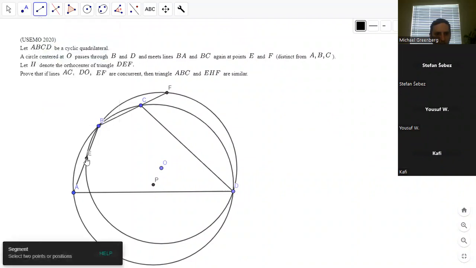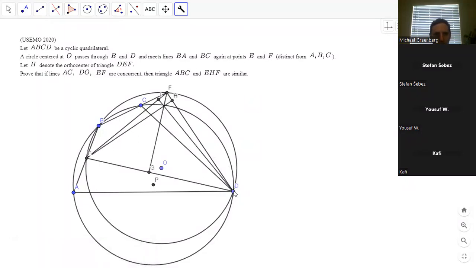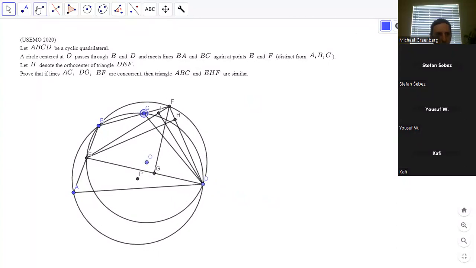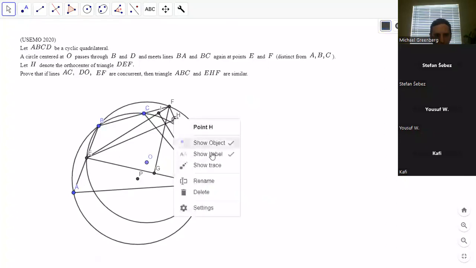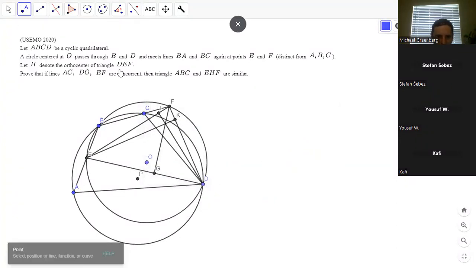So I'm going to use, actually have a tool for this, but I just need to rename stuff. So this would be H. So let me rename this point. Okay. And this will be H.